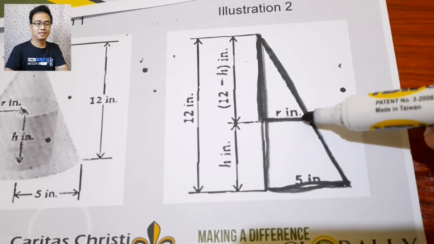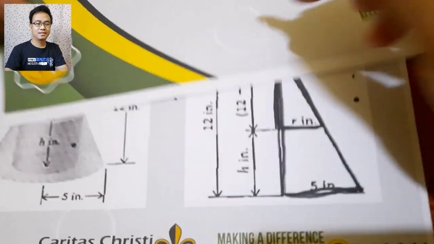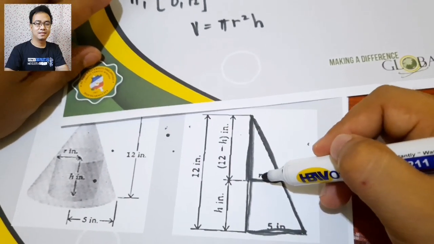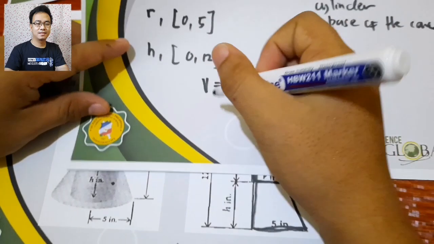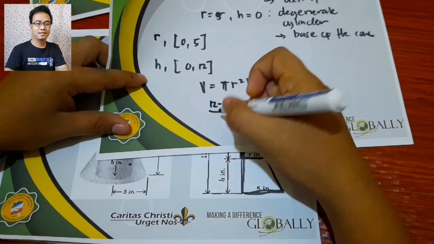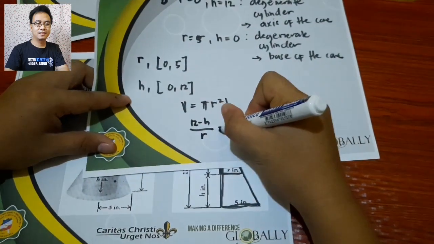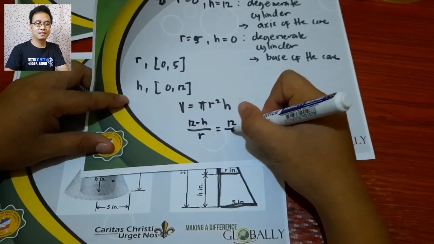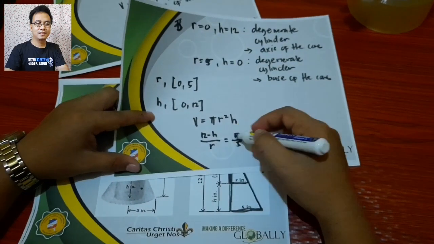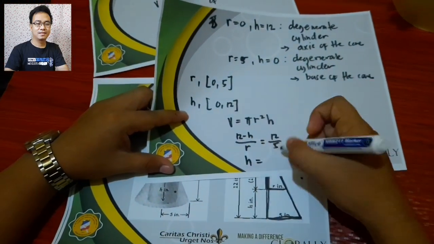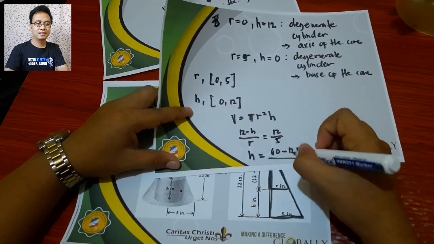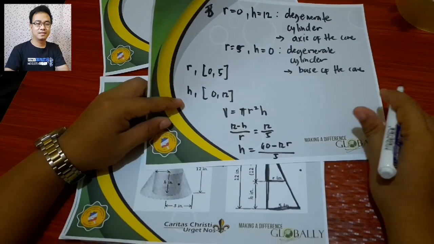Take note that these are the radius of the cylinder. So this is using ratio and proportion. This side corresponds to the bigger side. This R corresponds to this 5 inches. So therefore, we have 12 minus H over R equals 12 over 5. Okay, thus, solving for H in terms of R will give us H equals 60 minus 12R over 5.